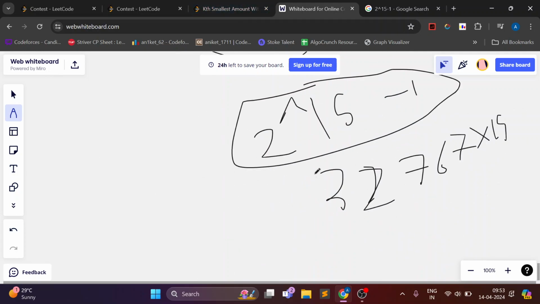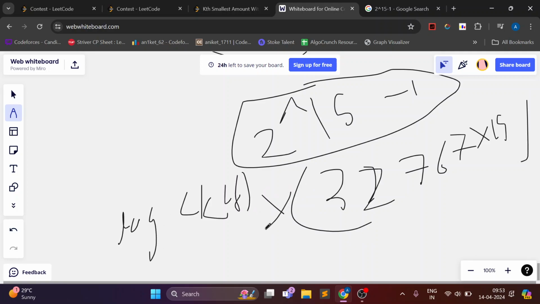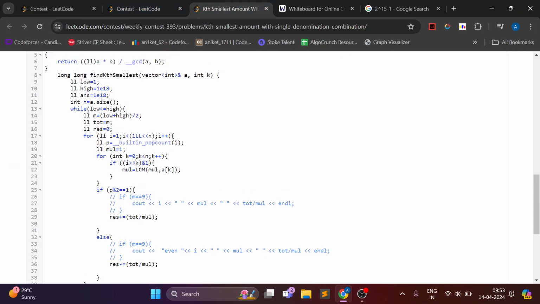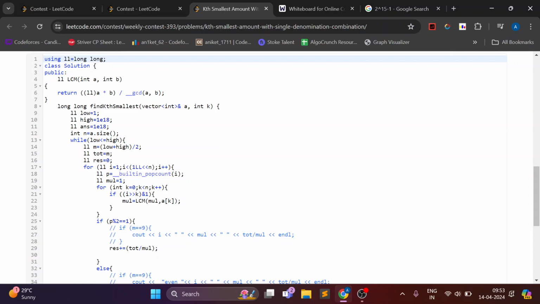And on this there is a log 1e18 while loop for binary search. So this comes out to be the complexity, and let's just see the code for better understanding.